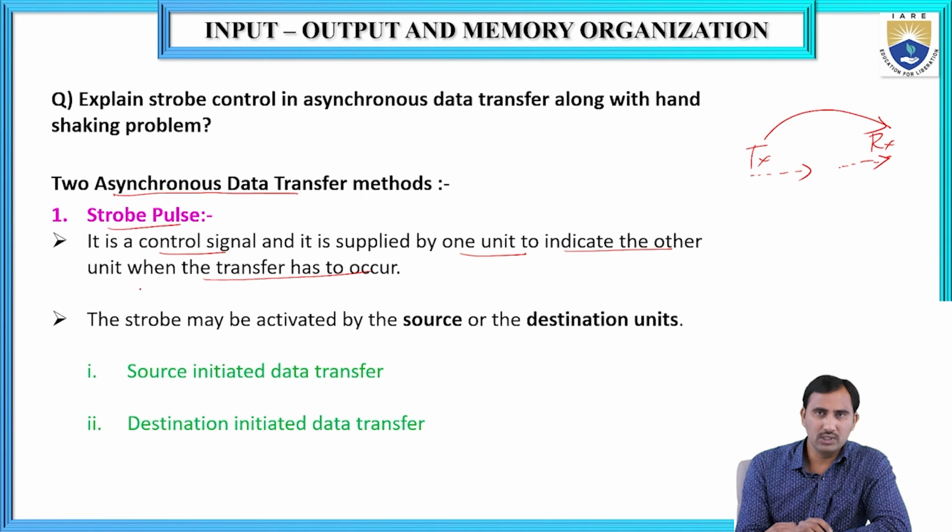The strobe may be activated by the source or the destination unit. So this strobe pulse can be generated by either the source unit or the destination unit. So we have source initiated data transfer and destination initiated data transfer.